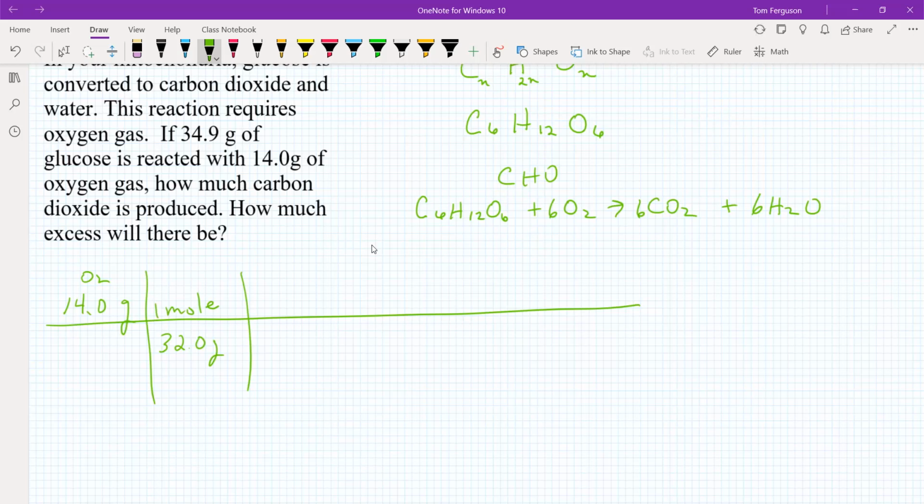So oxygen is 6, and carbon dioxide is also 6. And the molar mass of carbon dioxide is 12.01 for carbon, 2 oxygen, that's 32, so we're looking at 44.01.